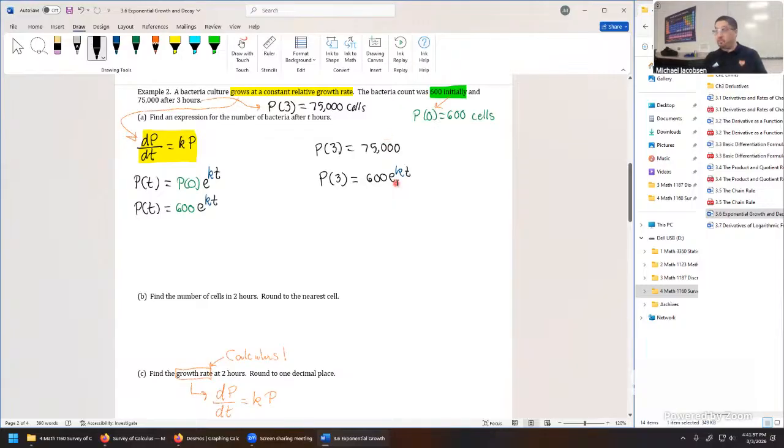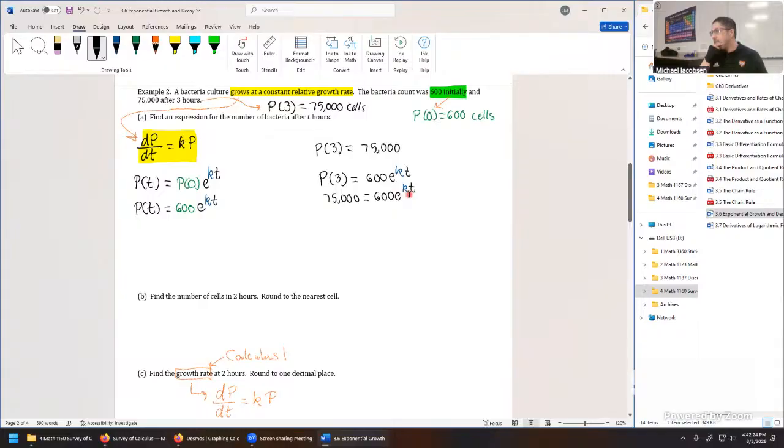We can just equate both of those values. Or another way to visualize this, in place of the left-hand side P at 3, we're just plugging in the output, 75,000. So 75,000 equals 600 e to the power kt. That's now an equation from which we can solve for the unknown k.